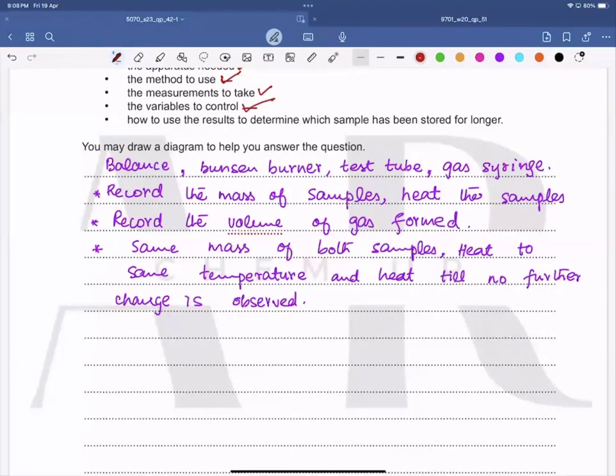Okay, now the last one: how to use the results to determine which sample has been stored for longer. So see, we have recorded the volume, right?